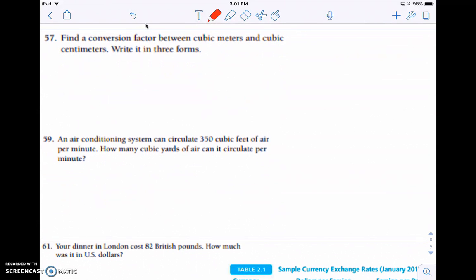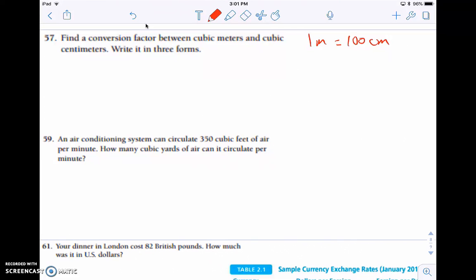So we want to find the conversion factor between cubic meters and cubic centimeters. One key element here is that 1 meter is 100 centimeters. We can look at this in a handful of different ways.